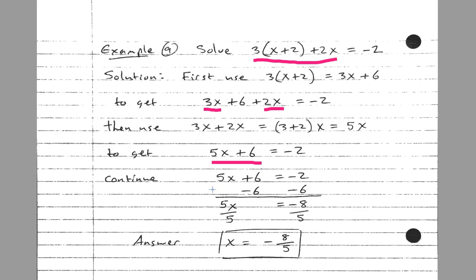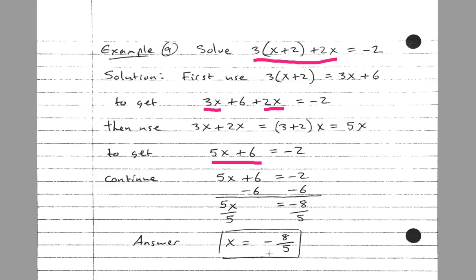And now we can continue as before, subtract 6 from both sides. So 5x is equal to negative 8. And divide both sides by 5. So 1x is equal to negative over a positive.